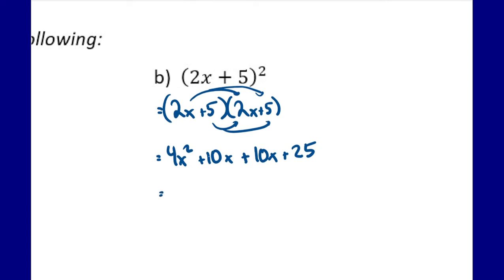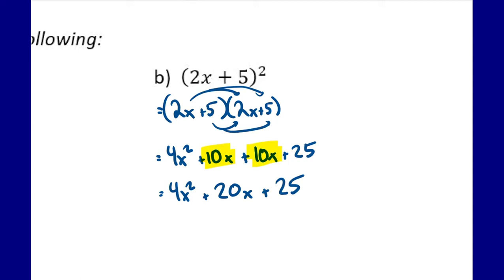Collect our like terms. We end up with 4x squared plus 20x plus 25.